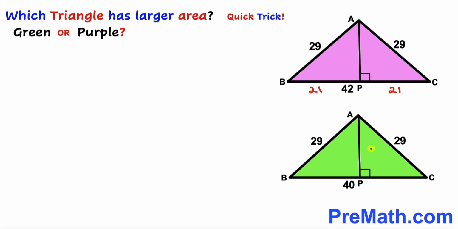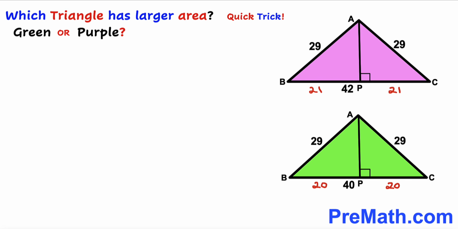Likewise for this green shaded triangle, since this side length equals this side length, this segment PC length is going to be equal to this segment BP length. So this segment PC length is going to be half of 40, which is 20, and likewise BP length is 20 as well.